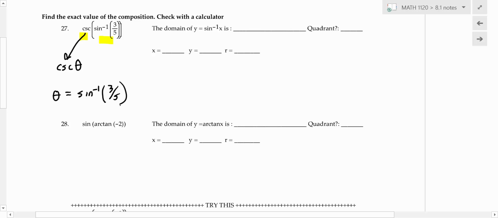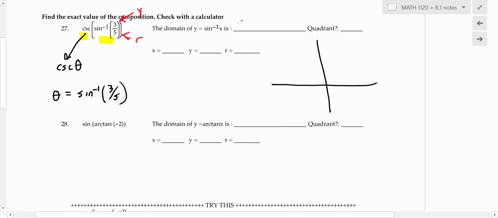So if you do the inverse sine of 3/5, you're not going to find that on the unit circle. You would have to do the calculator, but we can do this problem calculator free if we do this. So first of all, what is the definition of a sine? A sine is y over r, right? So that means if I'm asking for the inverse sine of 3/5, what you really have, and I want you to draw a little diagram down on this, is this.